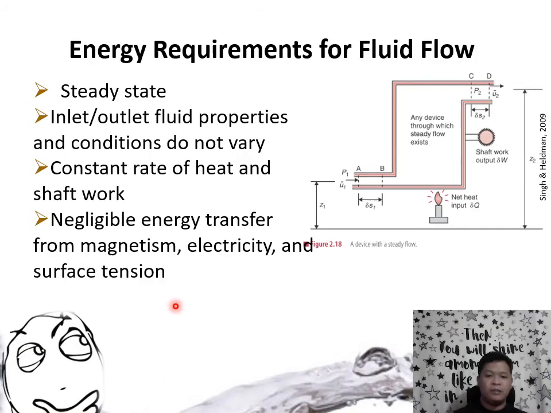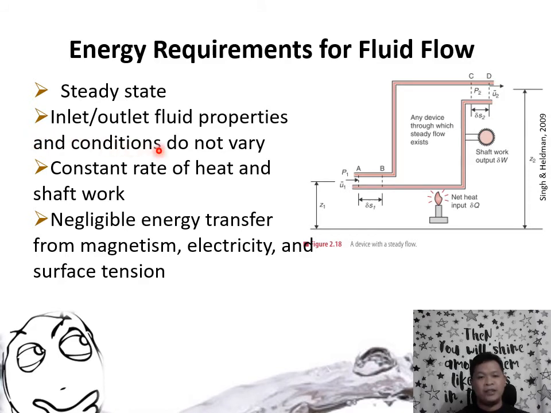Okay, energy requirements for fluid flow. So again, when we're looking at the fluid flow system, we assume that it is in steady state. So the flow rates are consistent, di pa bago-bago. The inlet and outlet fluid properties and conditions do not vary.